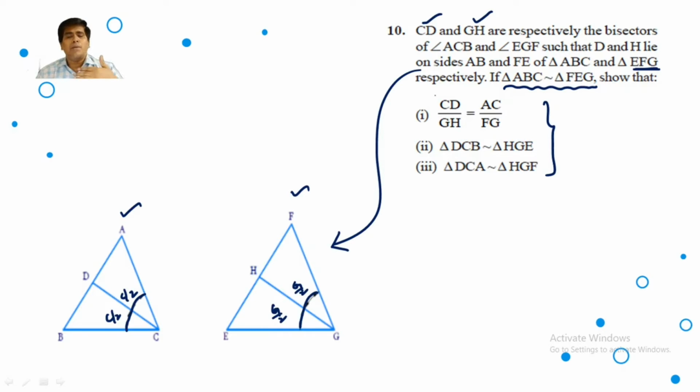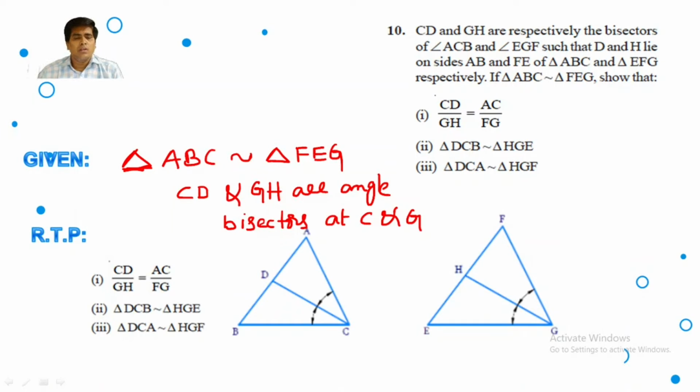What do you mean by angle bisector? It divides the total angle into exactly two halves. So that is the angle bisector here. So let us see how we will do this question. First we will write what is given and what we are required to prove. What is given? Clearly these two triangles are similar.